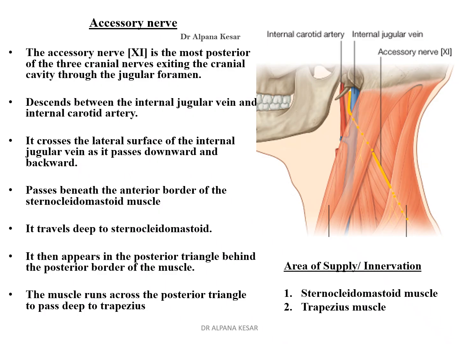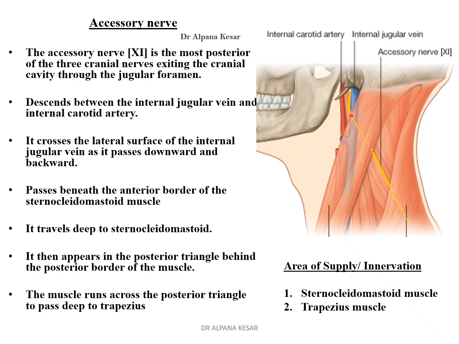Accessory nerve. Accessory nerve is the 11th cranial nerve. This is the accessory or the 11th cranial nerve. Accessory nerve exits through the jugular foramen. Three nerves exit through the jugular foramen, that is the 9th, 10th and 11th cranial nerves, out of which 11th, that is the accessory, is the most posterior of the three.